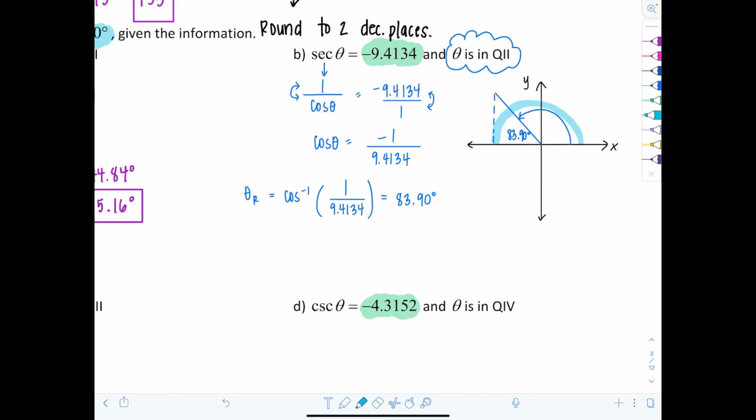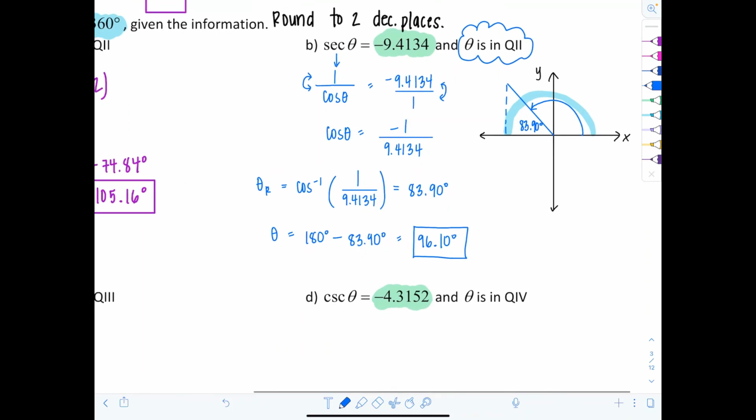Do you agree? So that means my original angle theta is 180 minus however much we stopped short, which is the reference angle, which is 83.90. So 180 minus 83.90, that's 96.10 when you round it. Degrees. Make sure you put degrees on all these. Very good.